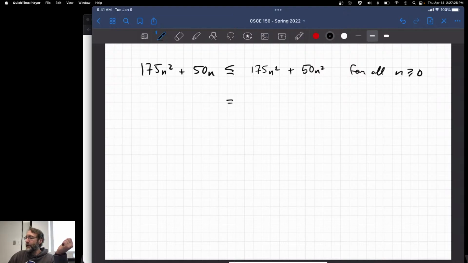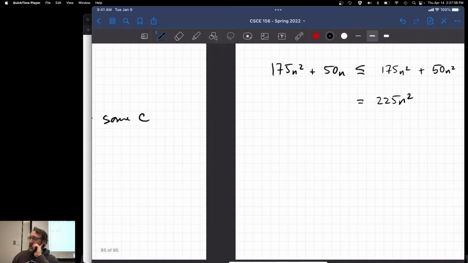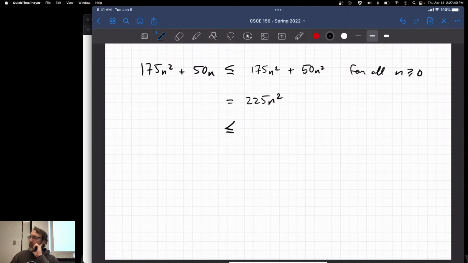Well, that's equal to, now I can collapse that down to 1: 225n squared. Does it look like the right-hand side yet? Not yet, but we can do one more thing, the exact same trick as before. And this is 225n cubed. Just multiply by n again, and again, for all n greater than or equal to 0.